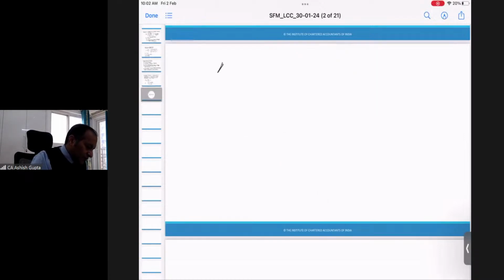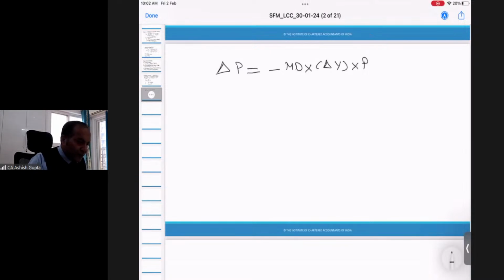Accordingly, the change in the price of the bond will be negative modified duration into change in the YTM into price of the bond.